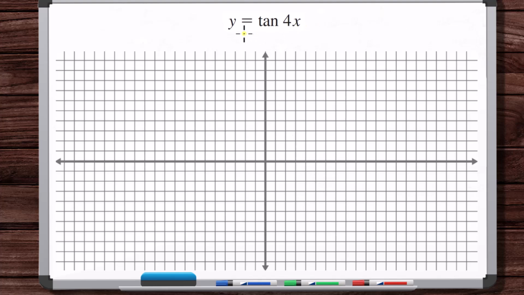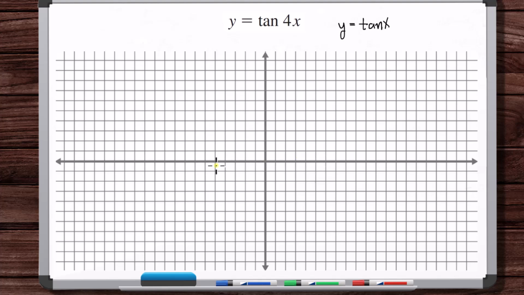Okay, let's get started. So we've got tangent of 4x, which is a scaling about the x-axis down by a factor of 4, and that's the only transformation. If it's just the standard y equals tangent x, again, the total period is pi, and it's equally spaced about the origin.